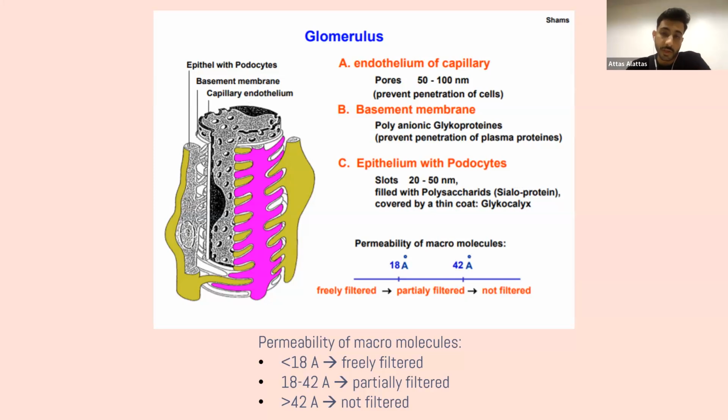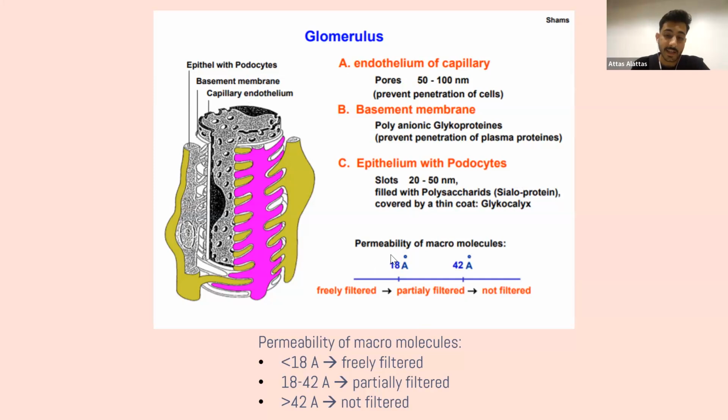So now that we're done with these three layers of the filtration barrier, let's move on to talk about the macromolecules, or the molecules that will be filtered in the kidney. So there's a rule that says that molecules that have a radius less than 18 angstrom will be freely filtered.